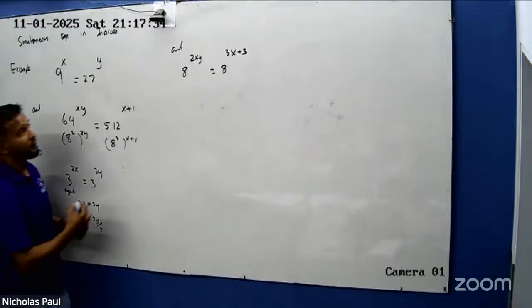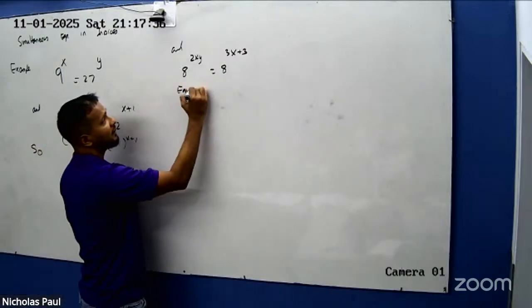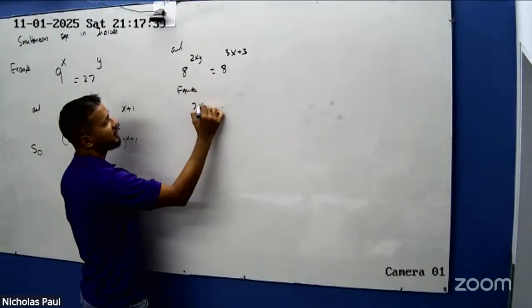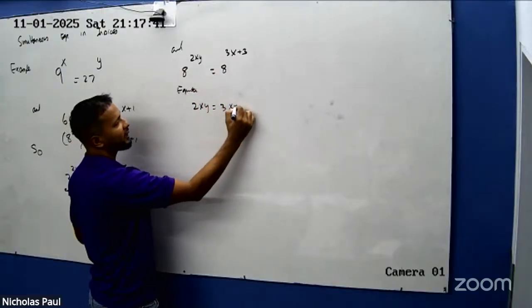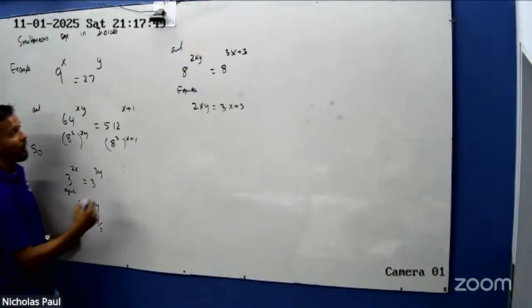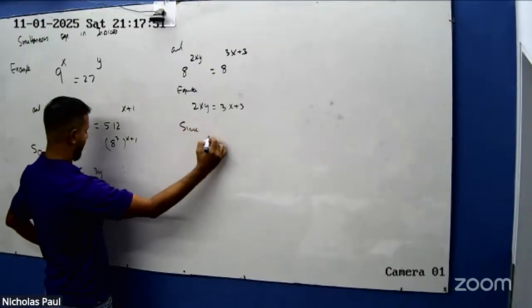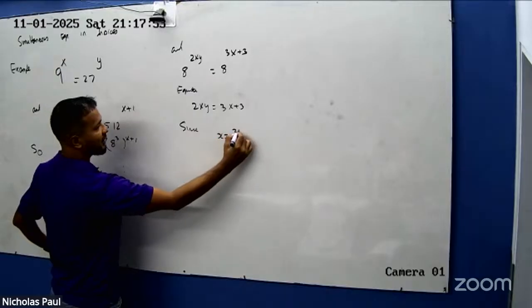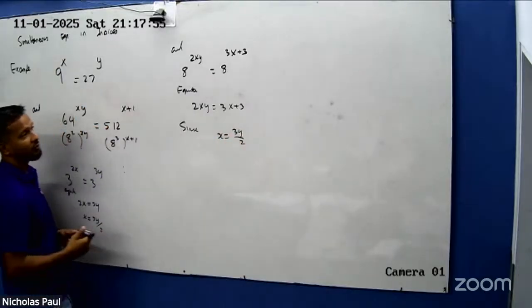Right? So when you equate, you're going to get 2xy is 3x plus 3. Looks very bad, looks nothing like all the others. But what do we know? We know that x is equal to 3y on 2.